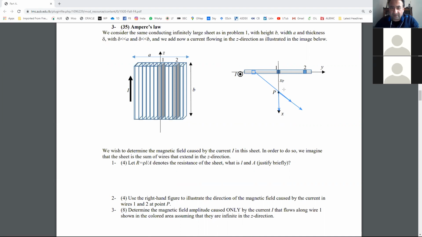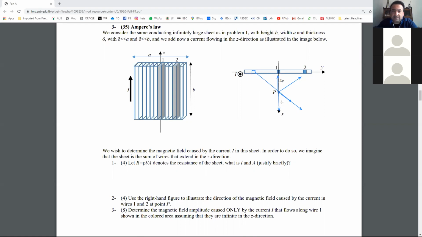My magnetic field for this one will be in that direction, and that's my x component. Are you all following? The idea is to recognize that for each 2, I'm going to have another on the other side, which gives me a magnetic field equal and opposite in the x direction. Is this clear to everyone?